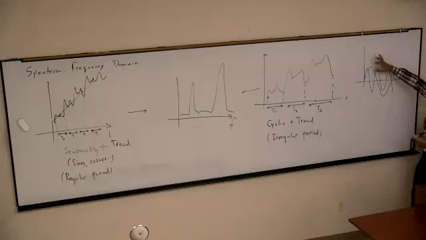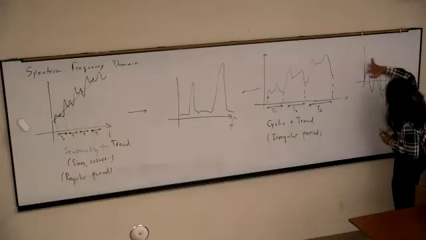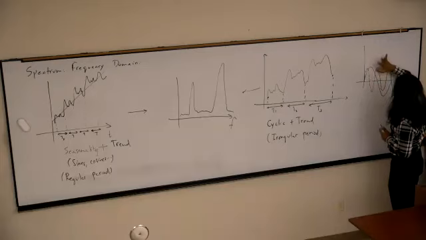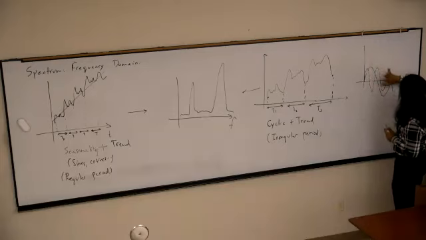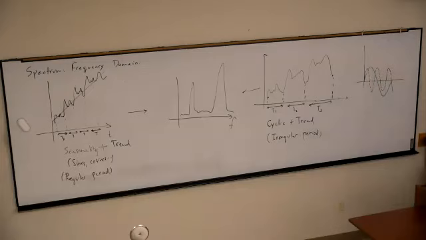Should have used a different color, but the ink is just popping up, so dotted lines. Good enough. What is the difference between the solid sine wave and the dotted sine wave? The period.